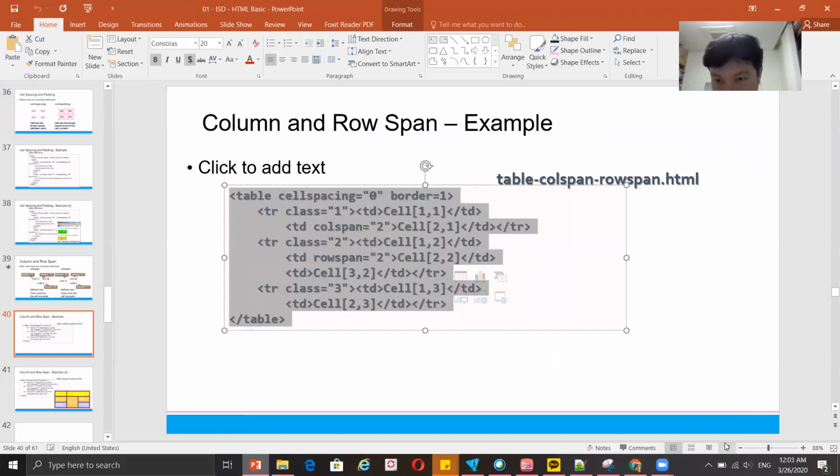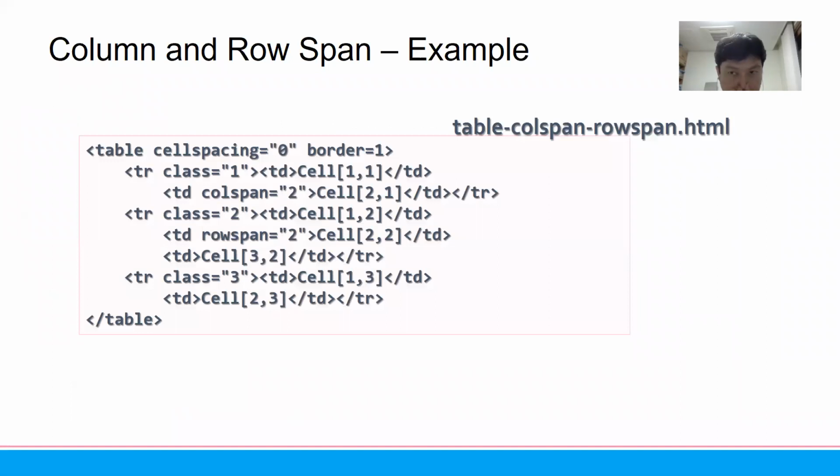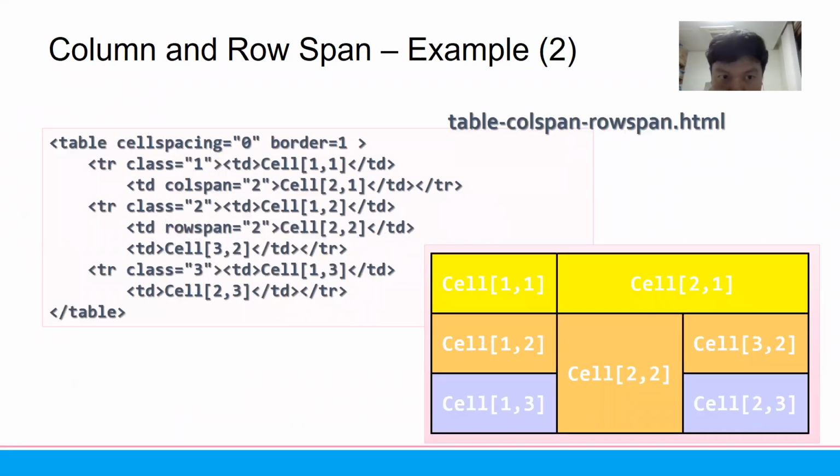Sorry, but you can check from this example. The first one is we are making a table. The table has the cell spacing 0 and border 1. You know what is cell spacing 0? There is no distance between the text and the inner border.